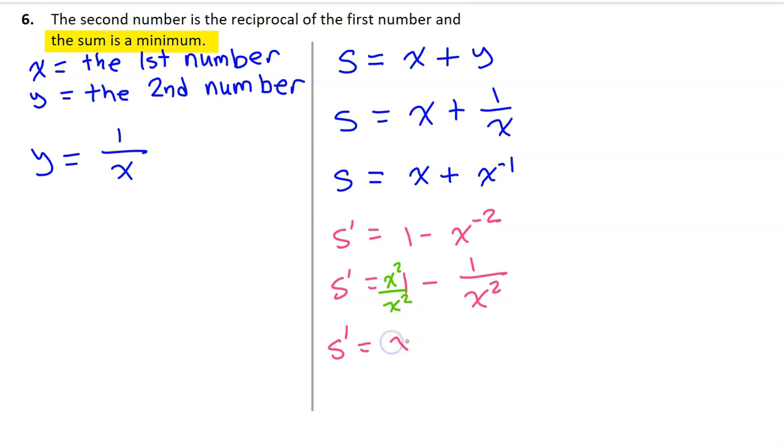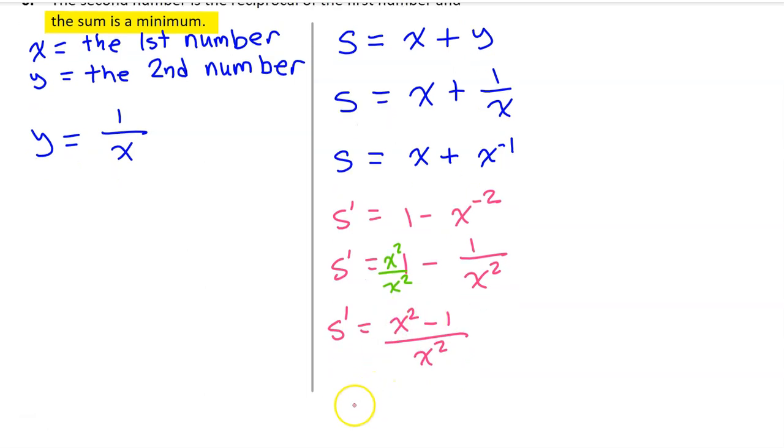Now we have x squared minus 1 over x squared. This is easy to factor, so we might as well go ahead and do that. So s prime will equal x plus 1 times x minus 1 over x squared.